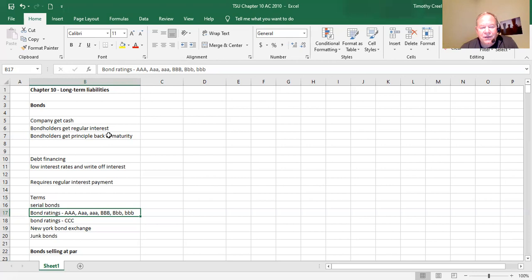But one thing to think is that typically once you get to C or D and below, you're looking at junk bonds, which are very high risk, very high interest bonds. But the higher the bond rating, typically the more safe and secure those companies' bonds are, or there's just less chance that the company is not going to be able to pay them back. So a bond rating is almost a little like a credit rating for an individual.